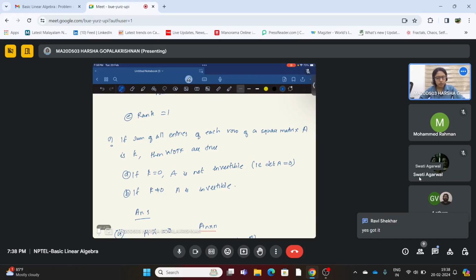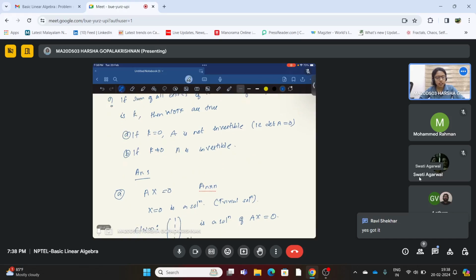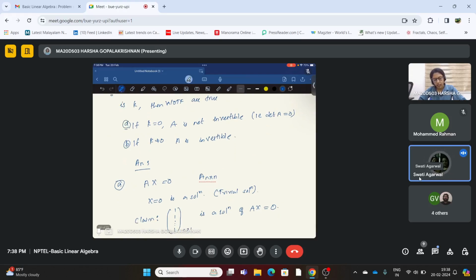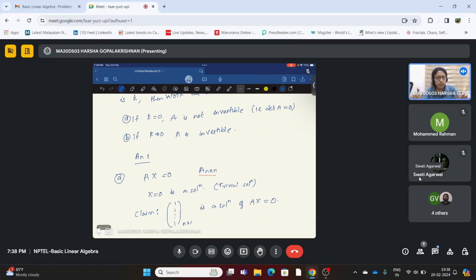Is that clear for Swati? Not very clear actually. I'm trying to understand completely. Okay, I will explain once again. Given that the sum of the entries in the rows equal to 0, using that, we are trying to find one solution which is a non-trivial solution.